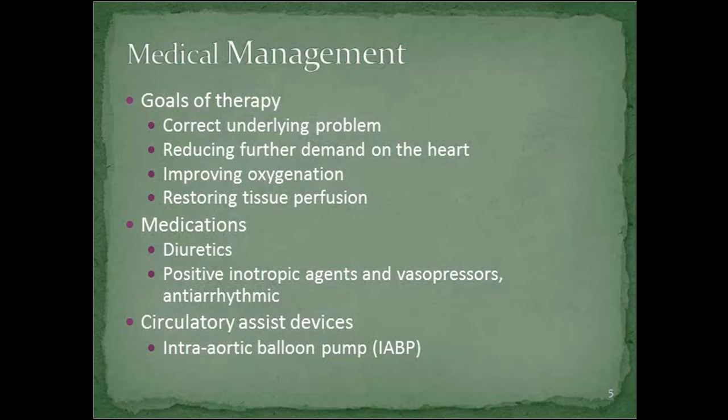Okay? So it's a time thing, and it depends on how sick the patient is. So if you have a patient in cardiogenic shock and their blood pressure is good without any support, then that's a good thing. If they're to the point where their blood pressure is starting to drop and getting low, then you know they have progressed in that cardiogenic shock event. Okay?